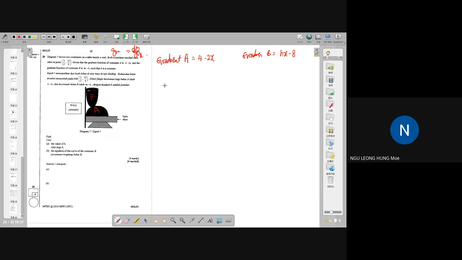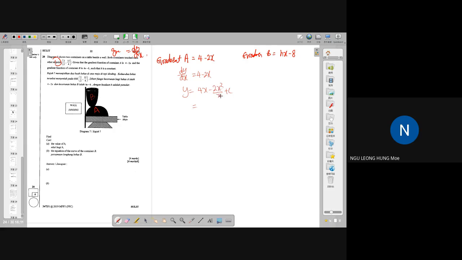This one is quadratic because we say it's a point. So quadratic. If we do the integration, that means dy/dx is equal to 4 minus 2x. So y equals 4x minus 2x squared over 2 plus c.